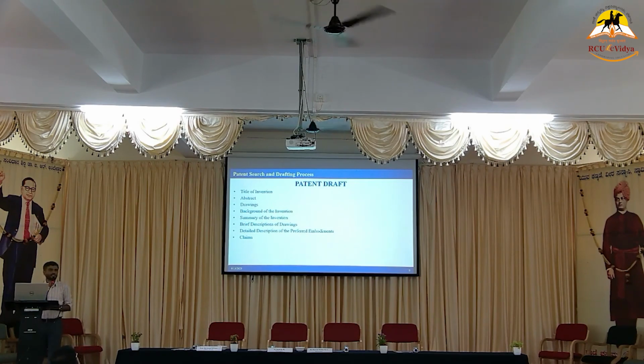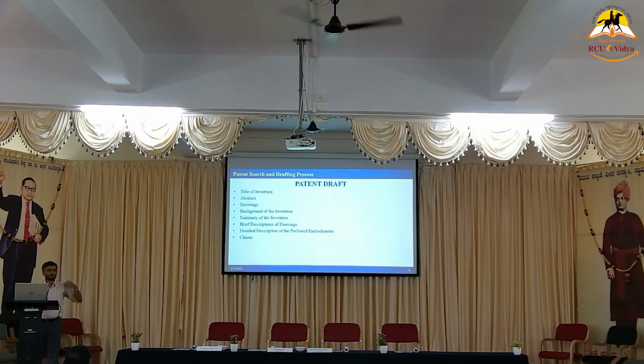Summary of the invention. No need of writing 3-4 pages. The summary should be very short and sweet. That also we will cover. Brief description of the drawing. Whatever drawing you have made, you need to connect the parts, for example head, neck, body, hands, legs, and show how they are interlinked. Head is connected to the body through the neck.